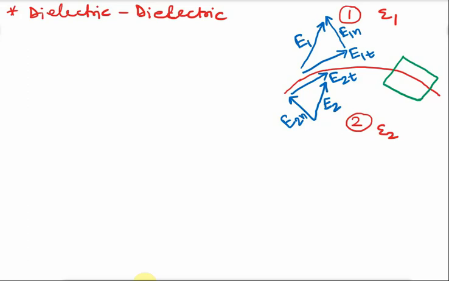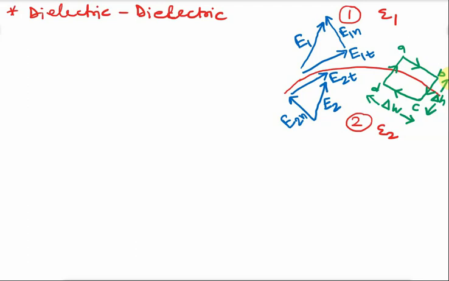This closed path goes A to B, B to C, then C to D, and D to A. The width is del W and the height is del H, so it is a rectangular region. This path has been drawn considering that half of the rectangle is in the upper region and the lower half is in the second region.